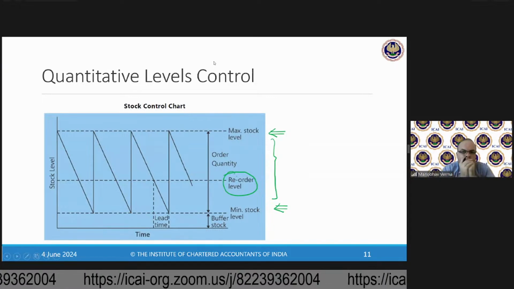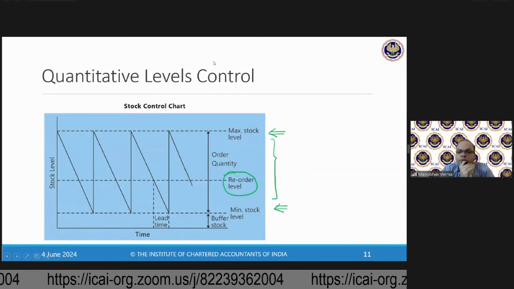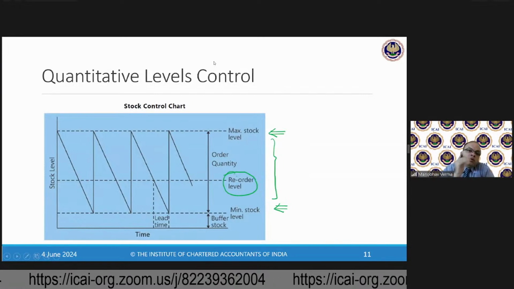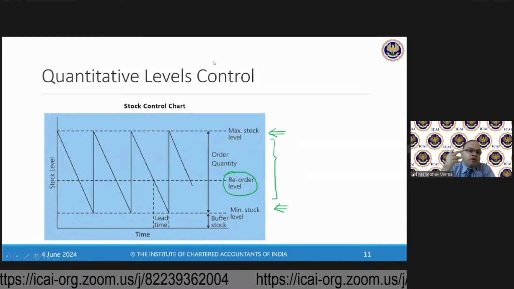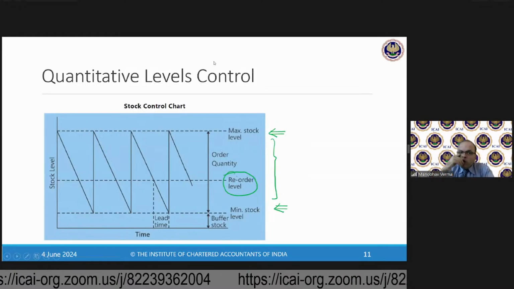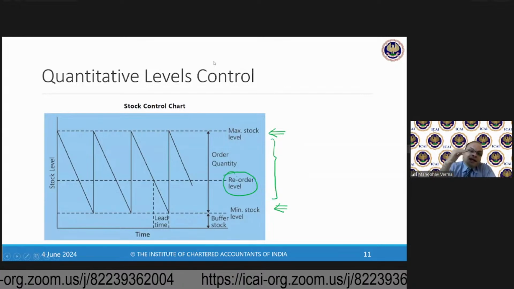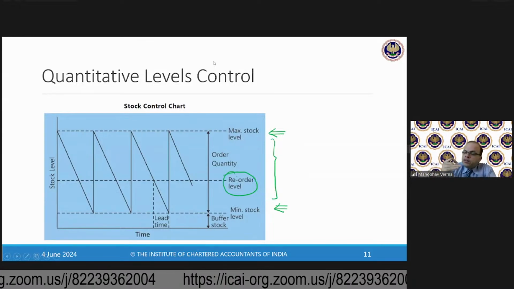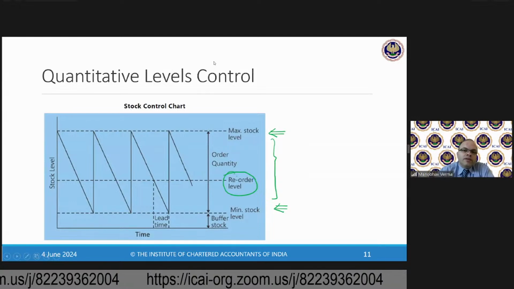Before I go to the formula, it could be based on the upper side or it could be based on the lower side. I can calculate from a maximum consumption perspective. Of course, it will be below the maximum level, but I can calculate either from the top level or from the bottom level. That's what the couple of formulas are.